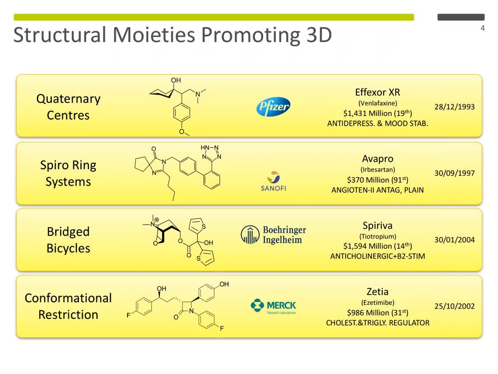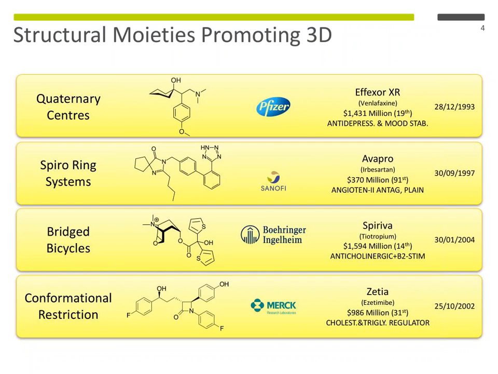So looking at structural moieties that promote three-dimensionality in drug-like molecules, we can quickly classify at least 4 different types. So there are quaternary centers, here highlighted by Effexor as a blockbuster Pfizer drug. There are spiro ring systems, here represented by Avapro from Sanofi.